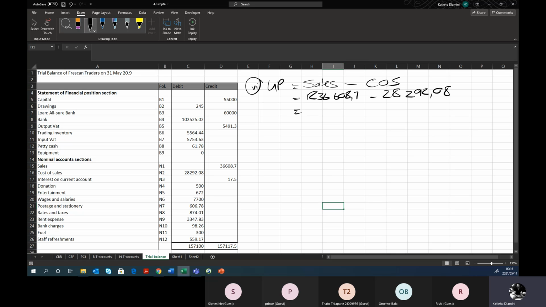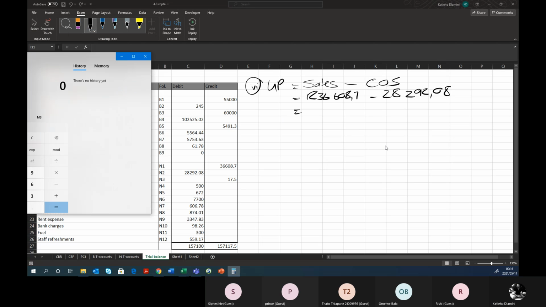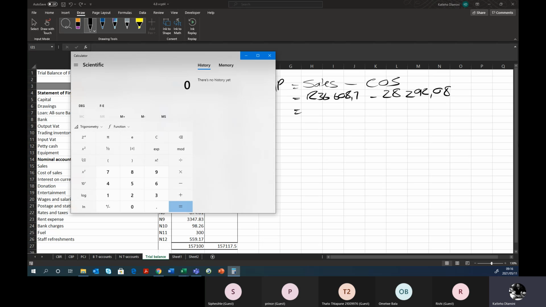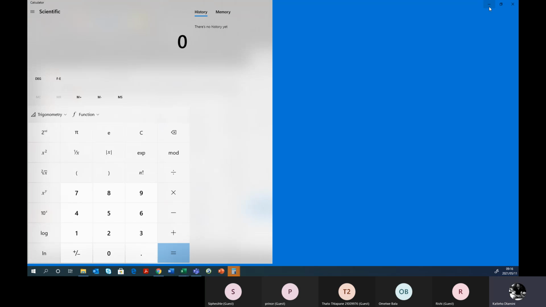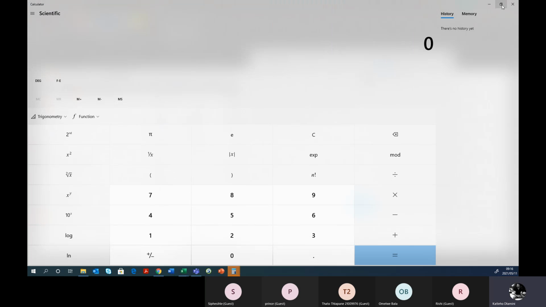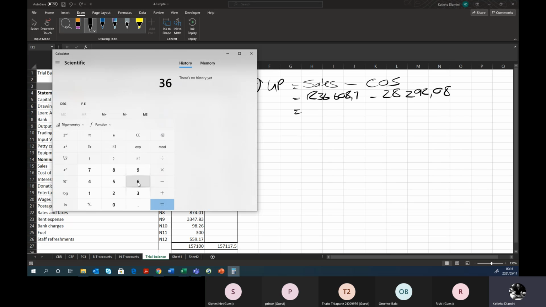And that gives us, where's my calculator? 36,608.70 minus 28,292.08. That gives us 8,316 Rand and 62 cents.